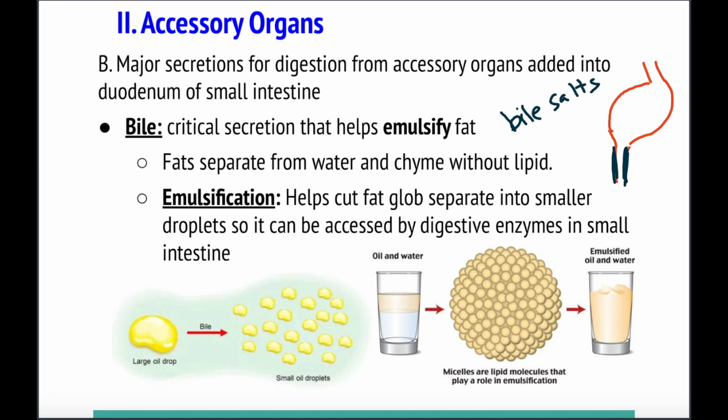Without bile, the fat will not mix into your chyme, especially in your small intestine. And because the fat stays separate from everything else, you can't get enzymes into that fat to digest it. So what bile does is break that fat into tiny drops.